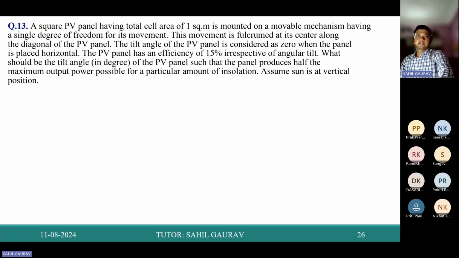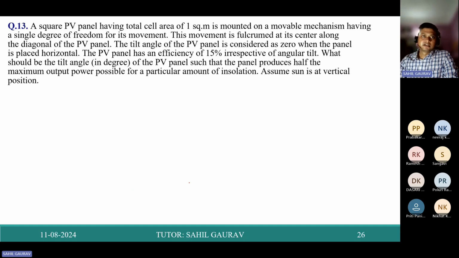Now let us see the next problem. A square PV panel having total cell area of 0.1 meter square is mounted on a movable mechanism having a single degree of freedom for its movement. This movement is pivoted at its center along the diagonal of the PV panel. The tilt angle is considered 0 when the PV panel is placed horizontal.